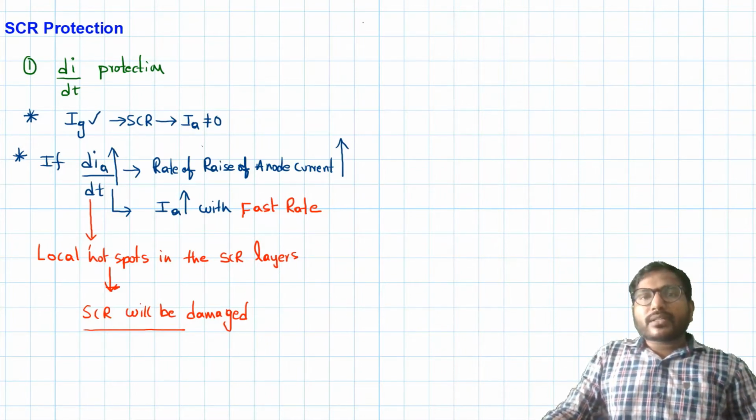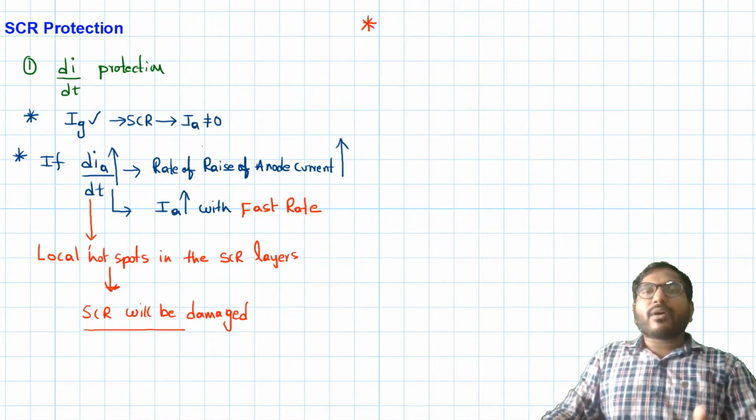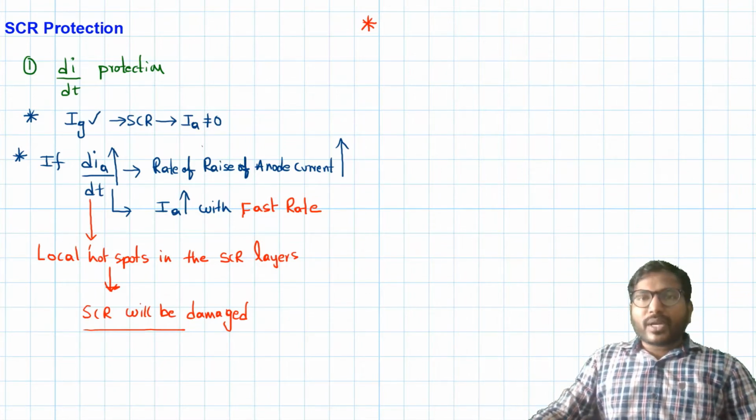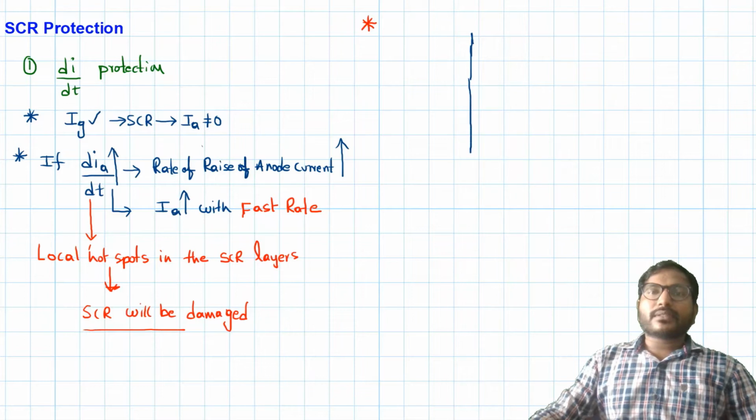So coming to the concept behind the formation of local hotspots, for that we have to consider the 4-layer diagram.